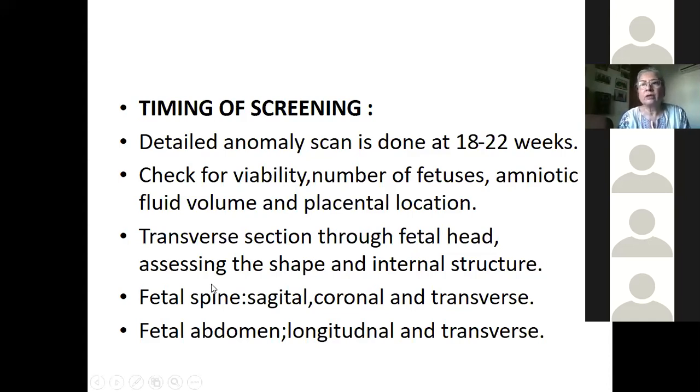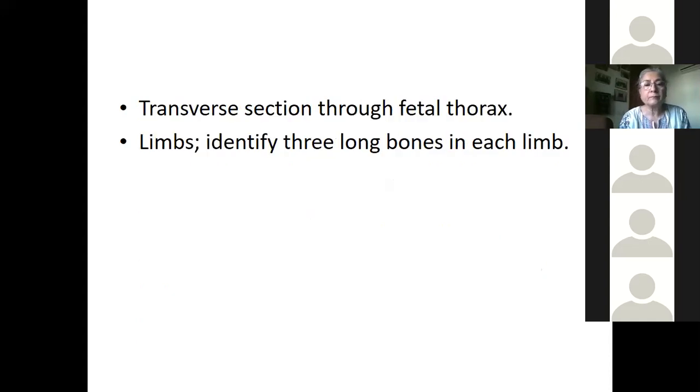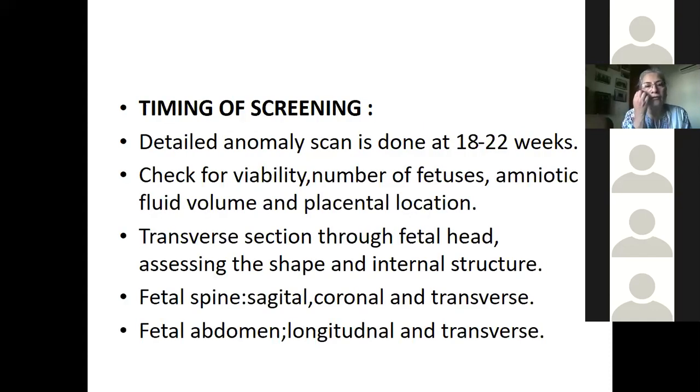Down below into the chest. In the chest, you look for the position of the heart, the lungs, and then the four chambers of the heart. And then in the abdomen, the kidneys and the stomach bubble, which is very important. If a baby has duodenal atresia, the fetus will show a double bubble sign.